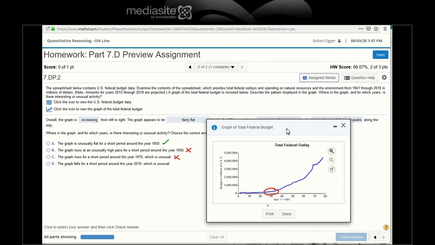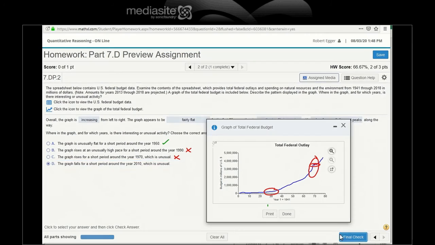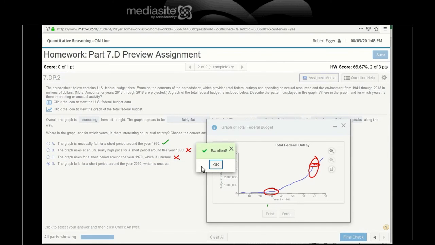That would be around here. 2010. It's not falling, but it goes flat. So for this one, I'm going to go with A. It's either A or D. Okay, they chose D.